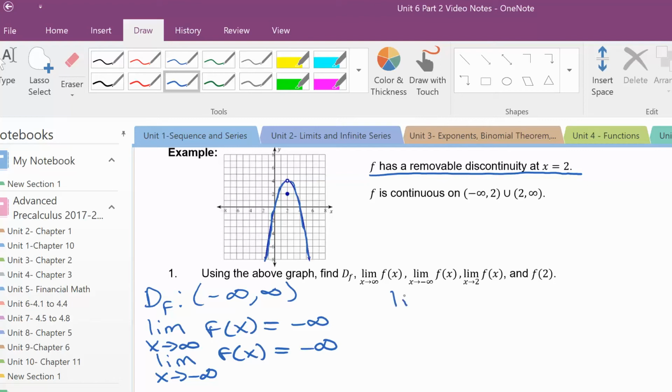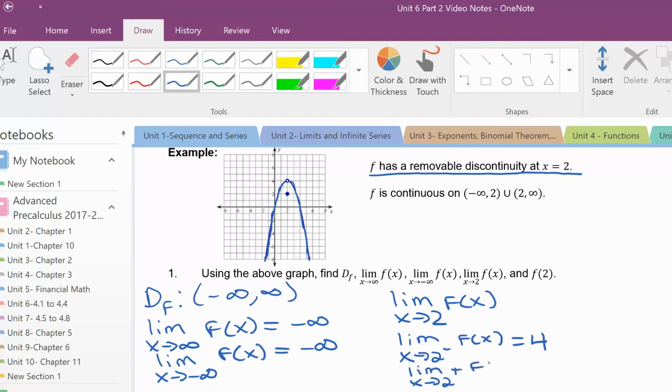The limit as x approaches 2 of the function, meaning from the left and the right, notice, as I go from the left, it approaches 4. As I go from the right, it approaches 4. So therefore the limit of the function is 4.